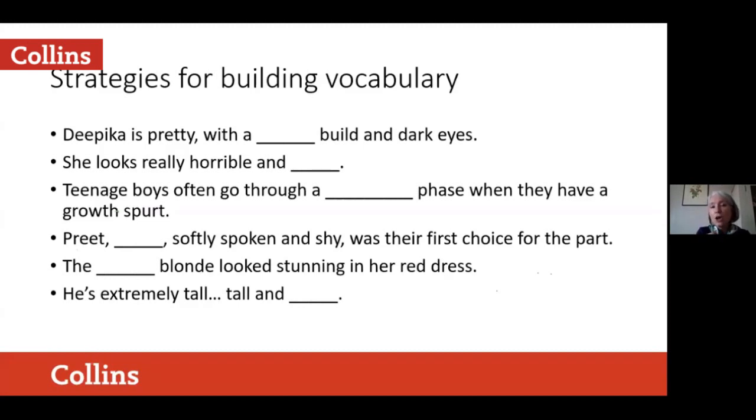Teenage boys often go through what kind of phase when they have a growth spurt? What word might we use there? Lean phase. Someone has given skinny phase. A lean phase, or horrible and dangerous is what I'm getting from Facebook. Sorry? We're talking about their bodies. We're not talking about their minds and their behaviors, just their bodies.